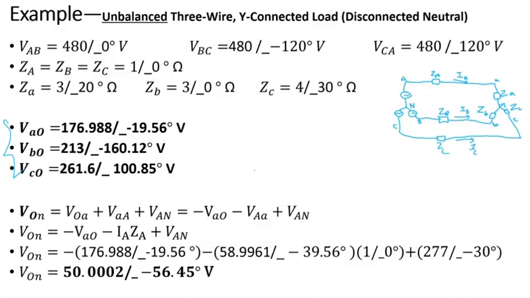So VAN, the voltage from A to the neutral, is really VAO plus VON. So that's what I'm writing here.